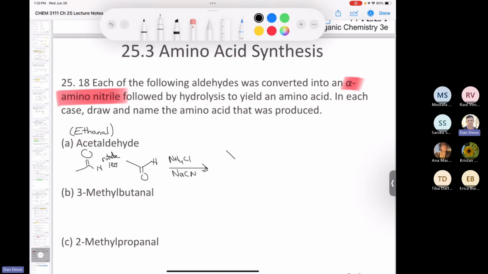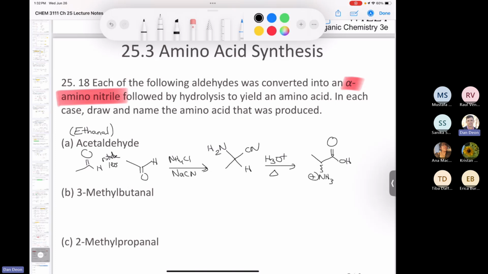And then we end up with the alpha aminonitrile like this. Have our R group here. And then we cook that up with some aqueous acid. Go take a break or something while it's boiling. And so we get a racemic synthesis of alanine.